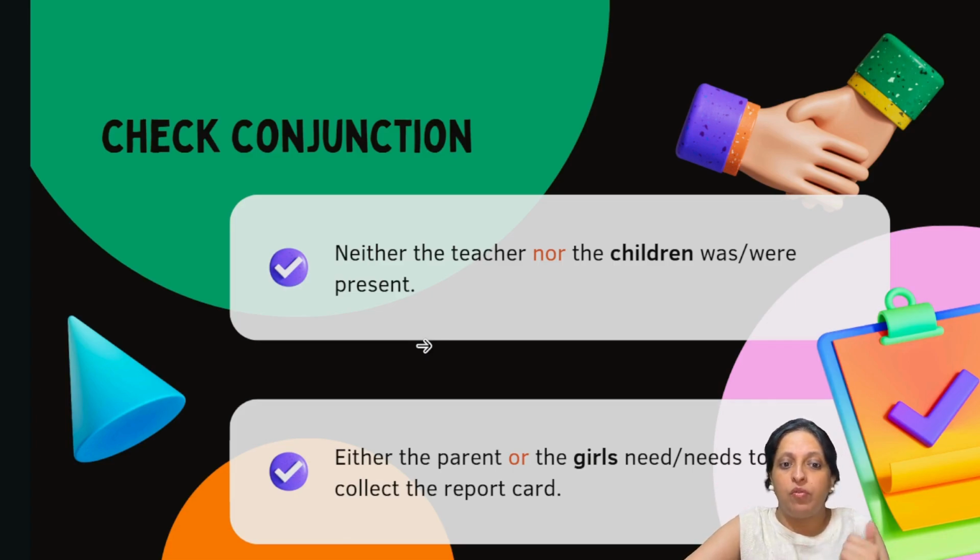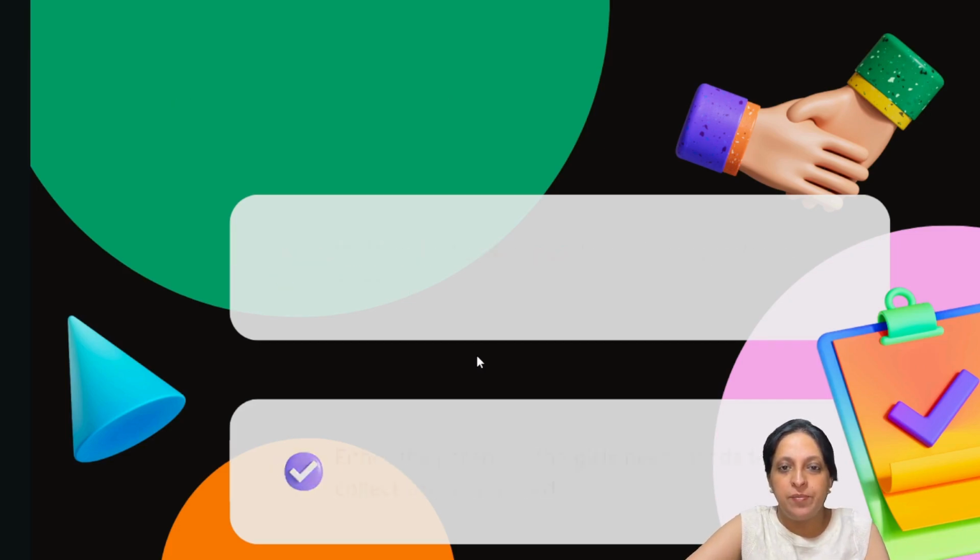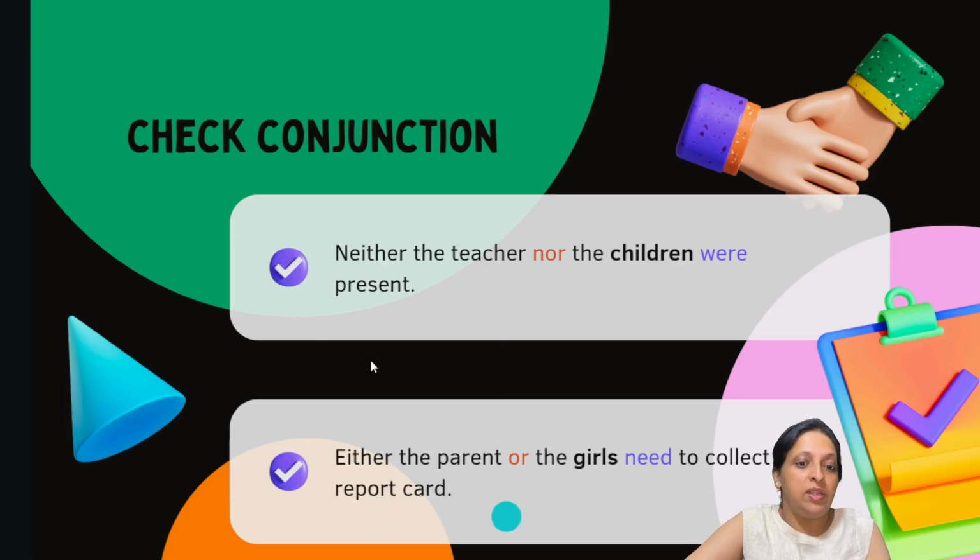So whenever with either or, neither nor, one of the subjects becomes plural, we have to use a plural verb. So therefore, what will it become? Let us see. This one will become either the parent or the girls need to collect the report card. And what will this become? Neither the teacher nor the children were present.